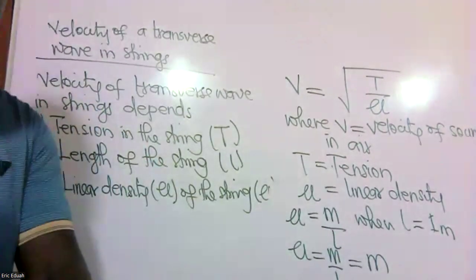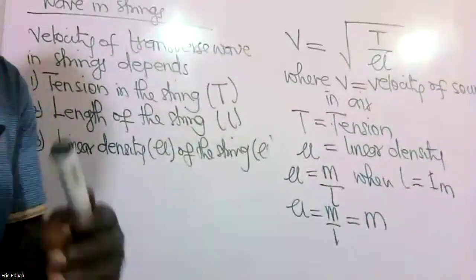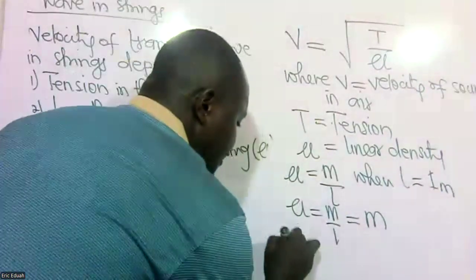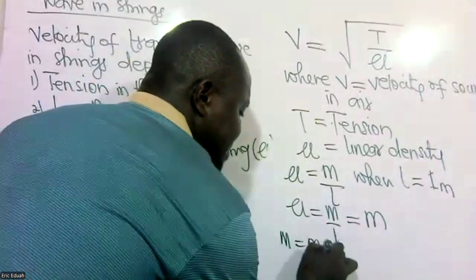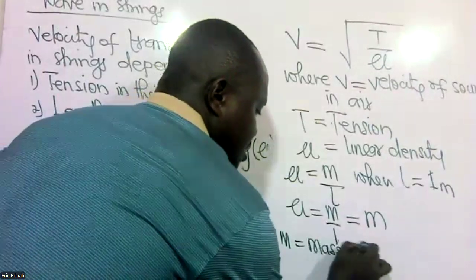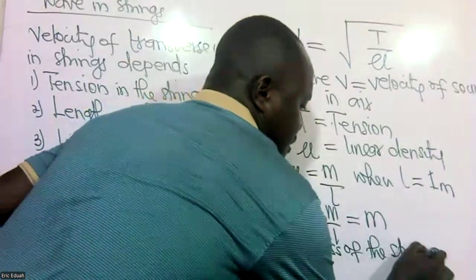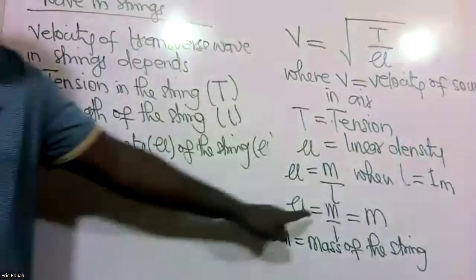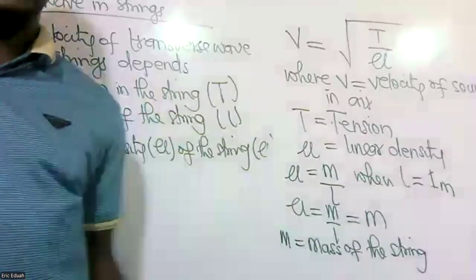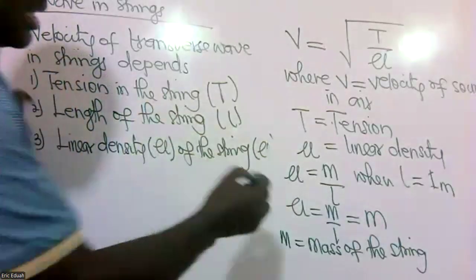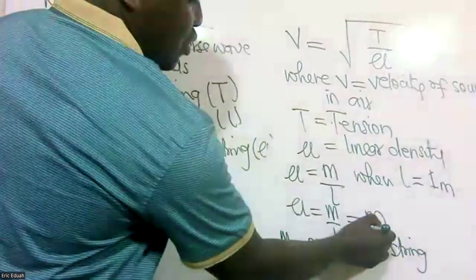So if we are talking about 1 meter length of string, then linear density is equal to m.